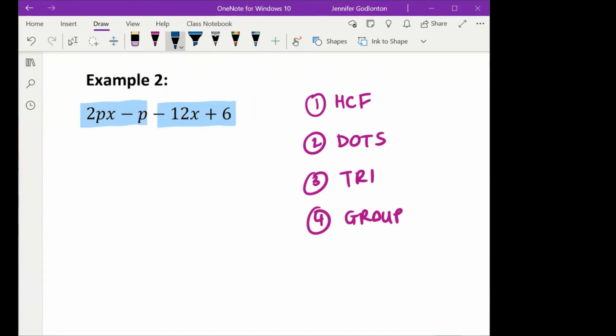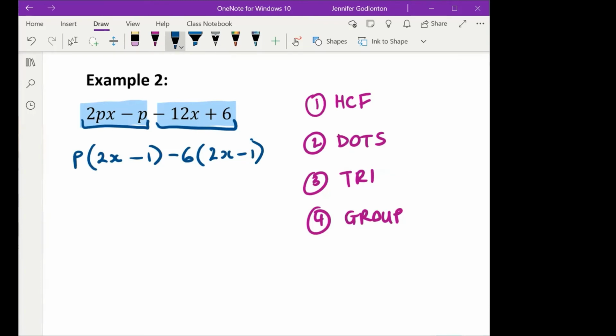Okay. Of these 2, what can I take out as my highest common factor of that first 2? P. And 6. Okay, so I'm left with p(2x minus 1), and then here I'm going to take out a negative 6. So then I'm left with 2x minus 1.